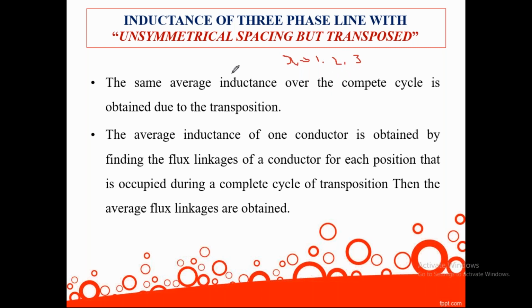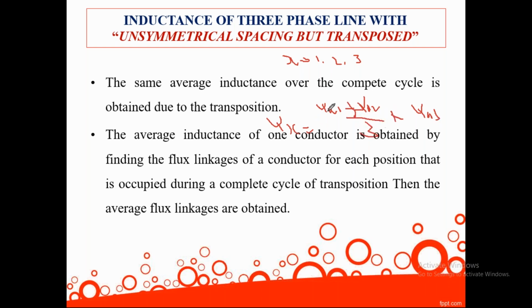So if you want to find the flux linkage of X, we have to calculate the flux linkage of X at position 1, next the flux linkage of X at position 2, and the flux linkage of X at position 3. We have to calculate these three positions of the X conductor. After that, we find the total phi X by taking the average, that is the sum divided by 3.